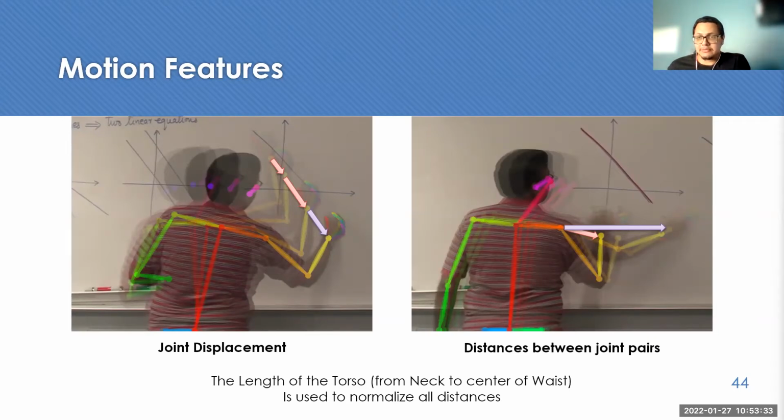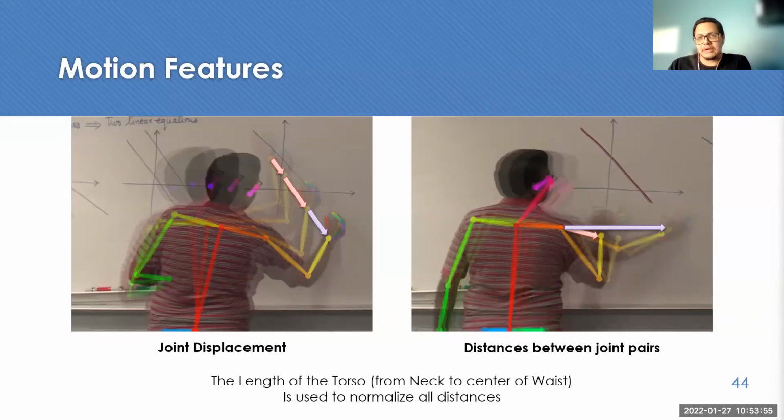The relative displacement between frames, and then the relative distances between joints. For example, when the speaker is deleting, there's going to be a lot of change in the distance between the shoulder and the hand because of this motion, and we can capture that with these features. It turns out that it worked fairly well, but we still thought that it could improve.